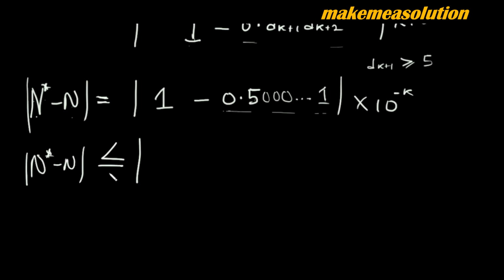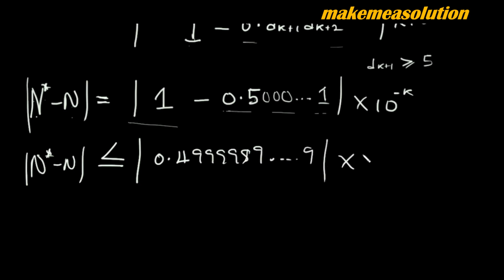So it's usually a convention for us to change this equal to a less than or equal to, because you're trying to say that the outcome of this difference is the highest possible difference that I can ever obtain by subtracting these two values together. If we subtract these two values, we'll get 0.499999, infinite numbers of 9s, until we get to the last 9 possible. This 9 is somewhere at infinity, then times 10 to the power of minus k.